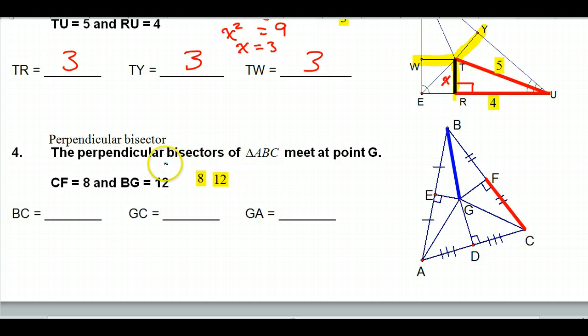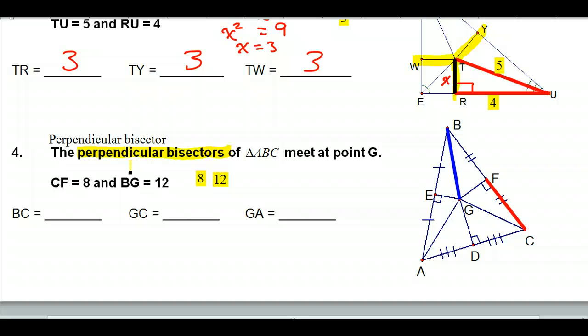Okay. Now looking at number 4, perpendicular bisectors. That's weird. I was really waiting for the problem to say circumcenter or incenter or centroid or something. But instead they're giving me lines, perpendicular bisector. This is an indirect way of still giving me one of those 4 triangle centers.